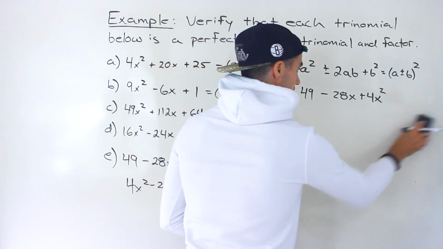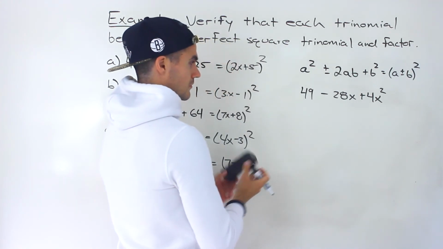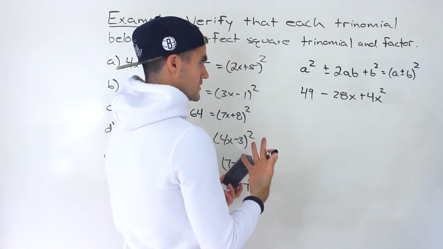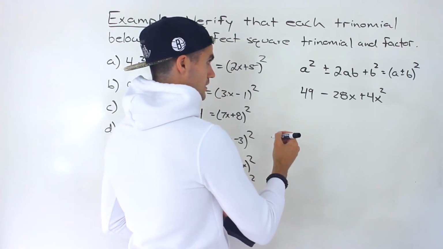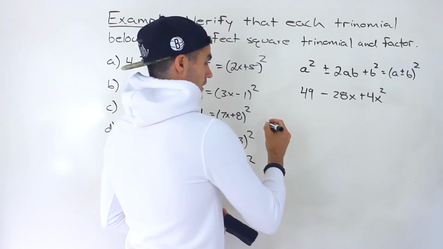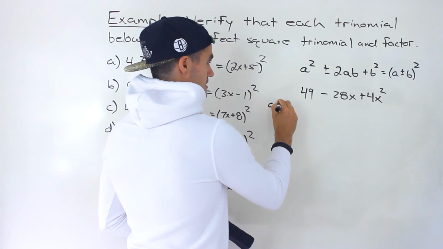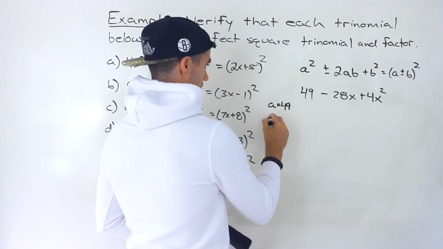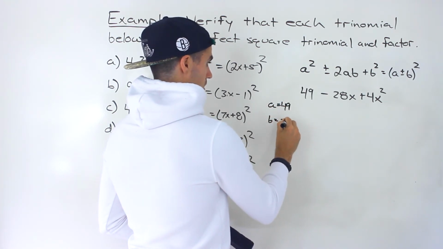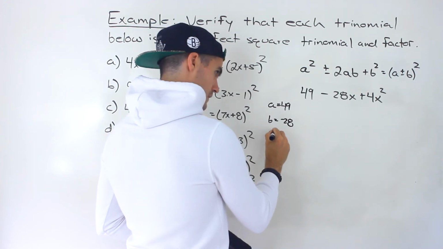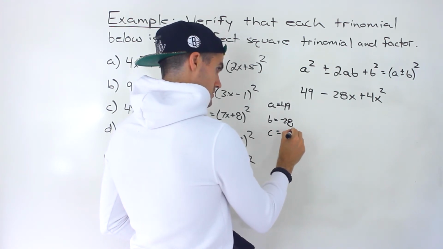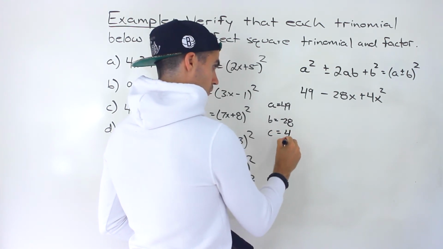Now, if you do this with decomposition, you can rearrange it. I did that in the previous video, but let's just keep it like this. The B value is negative 28. The C value is 4.